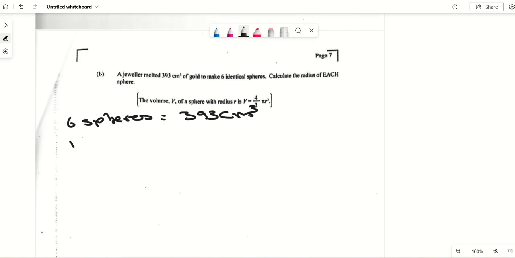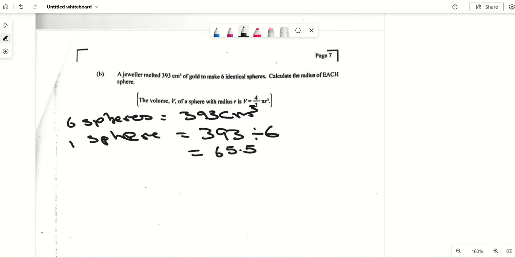If 6 spheres is 393 centimeters cubed, then one sphere would be 393 divided by 6, which is 65.5. So that is the volume of one sphere.